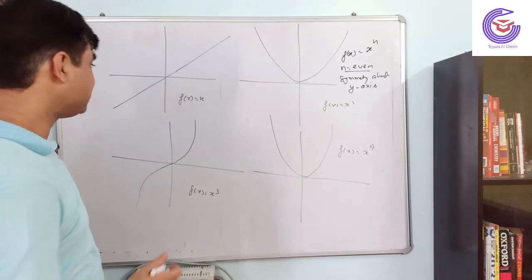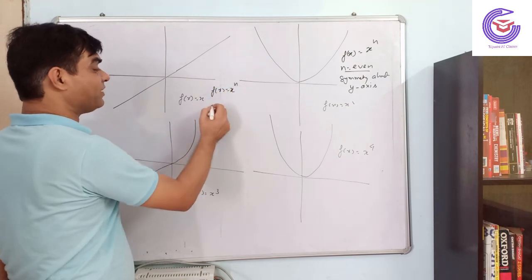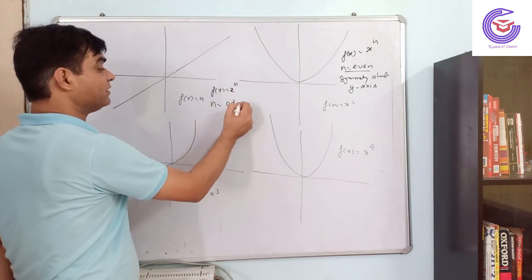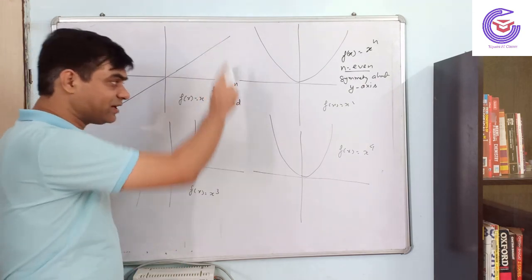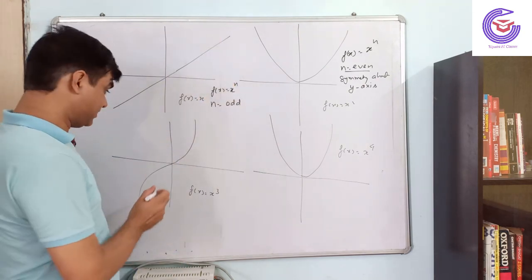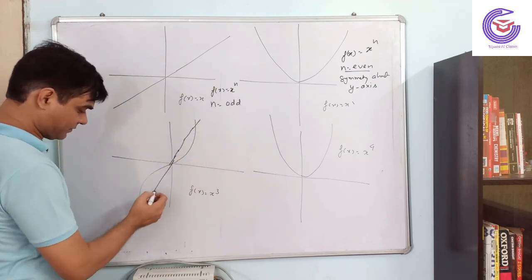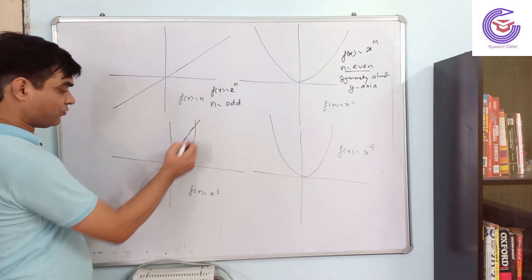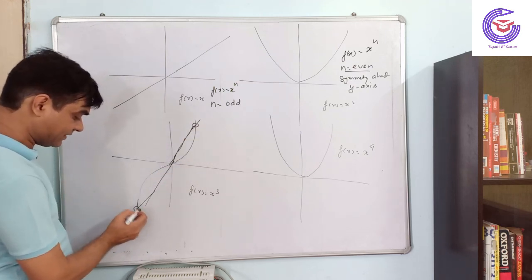And in this case what happens? When the function is in the form of f(x) is equal to x to the power n and n is odd, in this case also you are getting symmetry, but that is not about the y-axis, that is about the origin. So if you pass any line through the origin, whatever distance you are getting to this point, in the same fashion you will get the same point here.